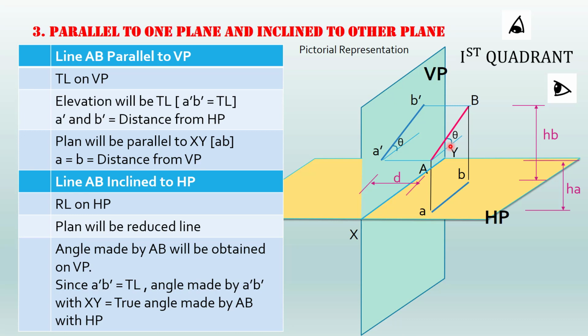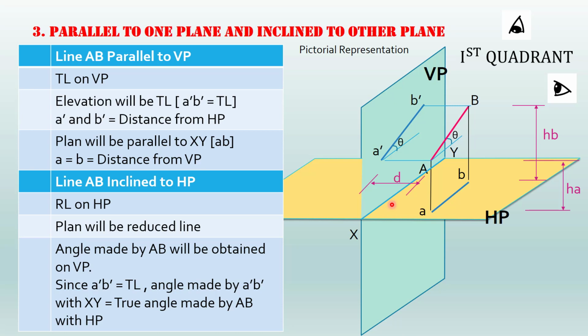So the angle made by the elevation with the XY line will be equal to the angle made by the original line with the horizontal plane. And this is true only if the elevation A dash B dash is true length. Clear?